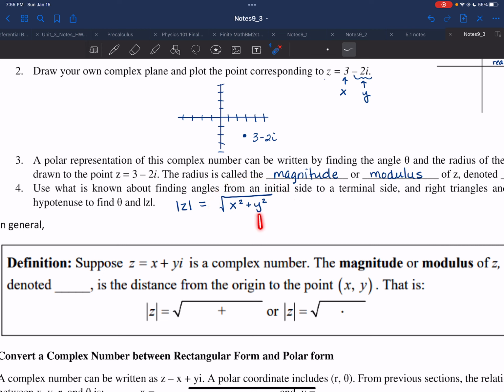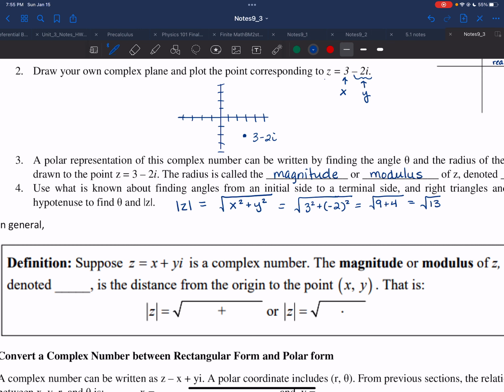And so when I do the y squared, I'm pretty much going to ignore the i. In fact, I'm not even going to write it in there. Okay, so we have the square root of 3 squared plus negative 2 squared. Again, I said I'm not going to write it inside there for the i. So we get square root of 9 plus 4, which is equal to the square root of 13. So that is my value for the magnitude of z.